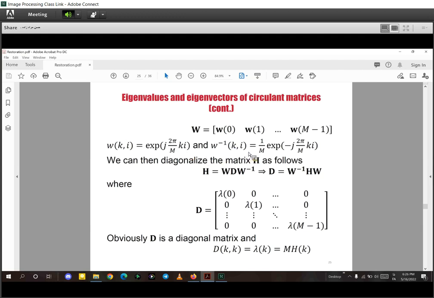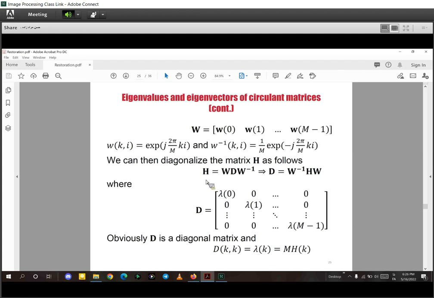And W inverse is 1 over M exponential of minus j. This is the DFT and inverse DFT.